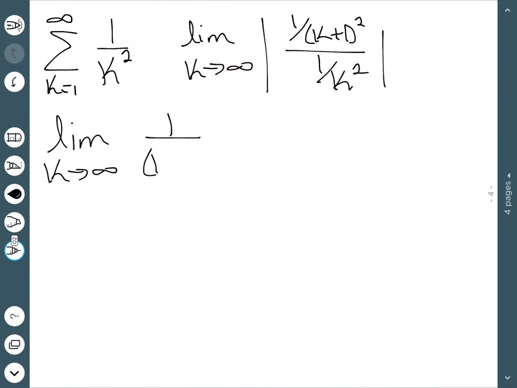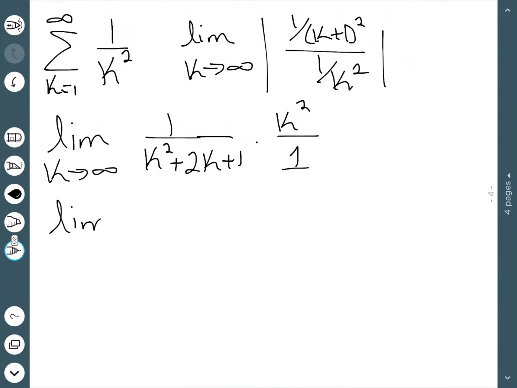I then have 1 over, and I'm going to go ahead and multiply this out to get k squared plus 2k plus 1. And then we flip fractions when we multiply. So this is the limit as k goes to infinity of k squared over k squared plus 2k plus 1.